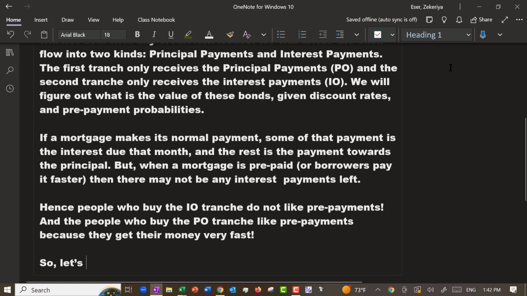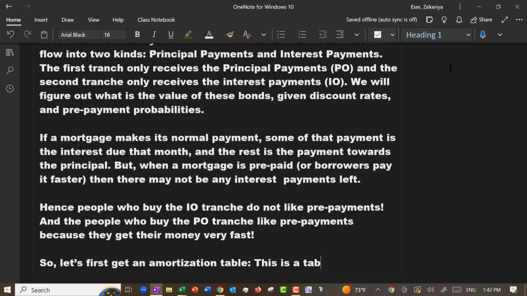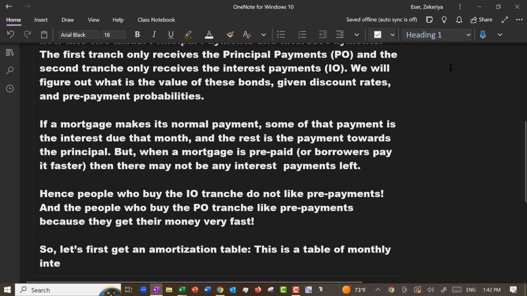So let's first get an amortization table. This is a table of monthly interest charges and principal payments.